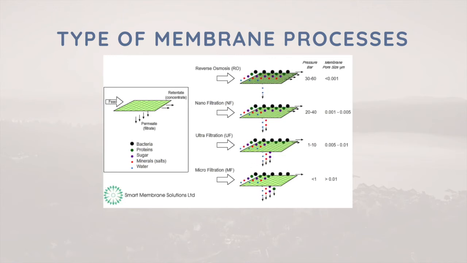There are 4 types of membrane processes: microfiltration, ultrafiltration, nanofiltration, and reverse osmosis. Microfiltration has quite bigger pores compared to reverse osmosis, which has the tiniest pores on its membrane surface.